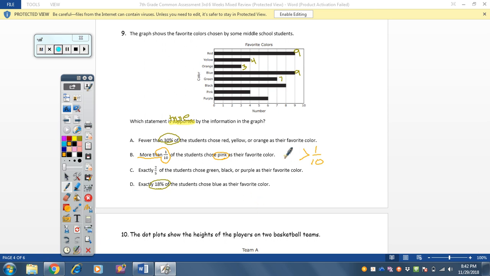Well, how many chose pink? 4. And what's our total? You're going to have to add 9 plus 4 plus 3 plus 9 plus 7 plus 8 plus 4 plus 6.